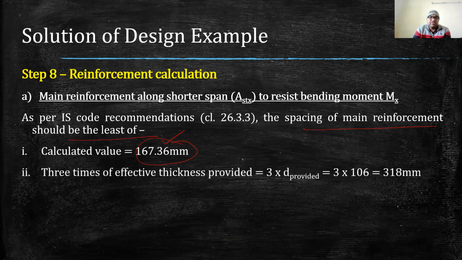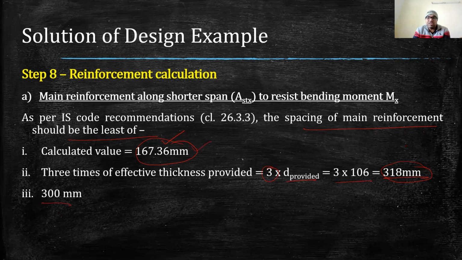Second is 3 times the effective depth. 3 times the effective depth means d provided multiplied by 3, and that is 318 mm. So that is the second recommendation of IS code. Now third recommendation is the 300 mm.